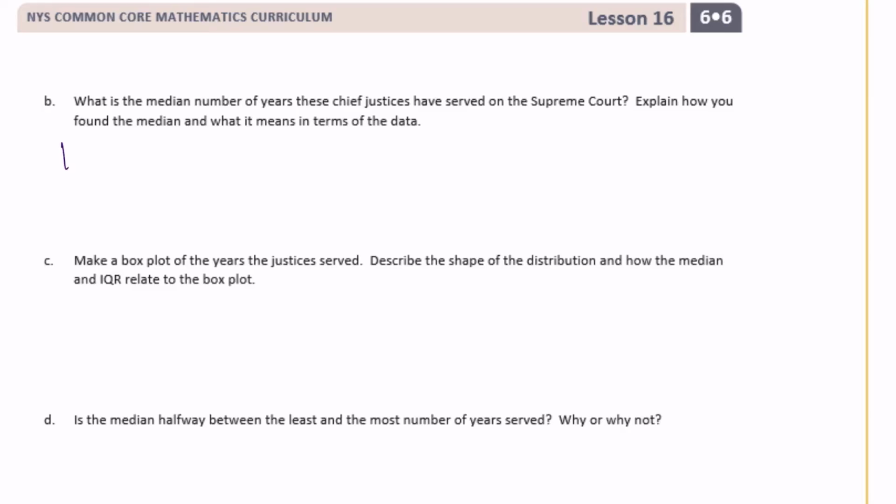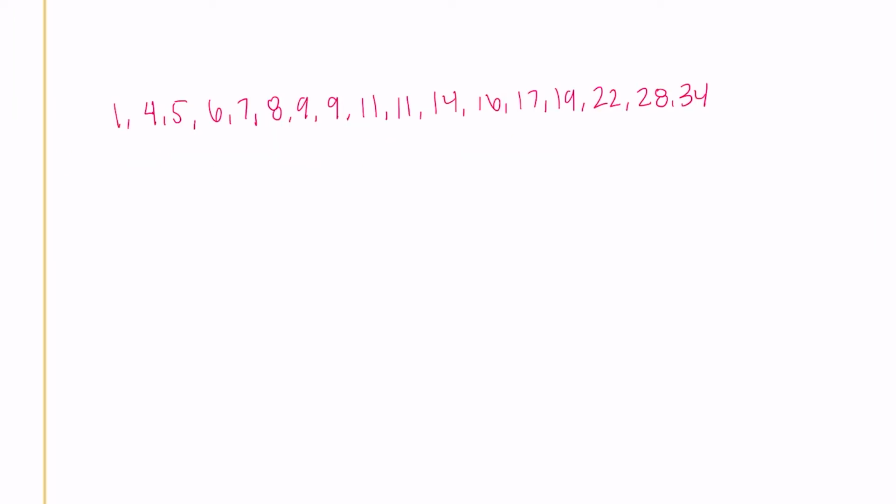I'm going to list them in order from least to greatest, and then I will come back after I do that. Okay, I have them all listed out here in order from least to greatest, so let's find the median.